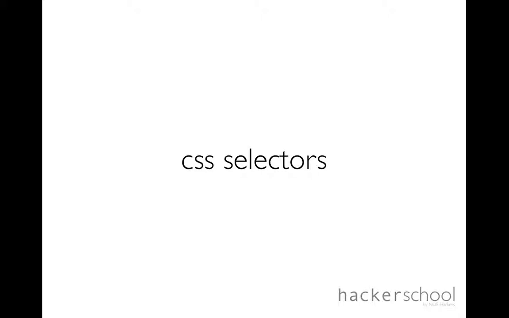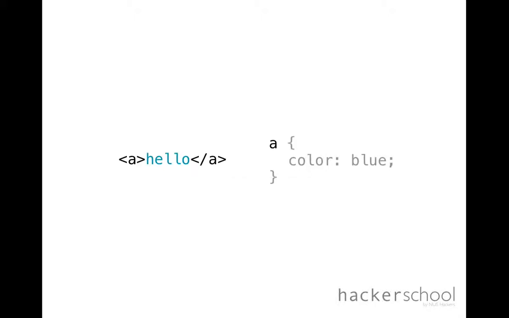Okay, so moving on, CSS selectors. We saw it on Saturday, and if you know CSS, you'll know that if I want to style this anchor tag, this A tag, I will do something like this: A, open brace, the style I want, close brace. This A is basically the CSS selector.